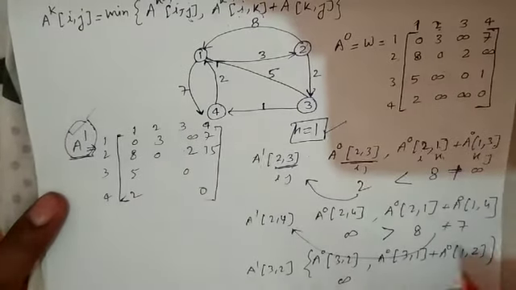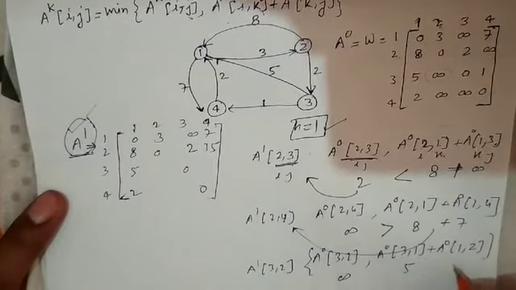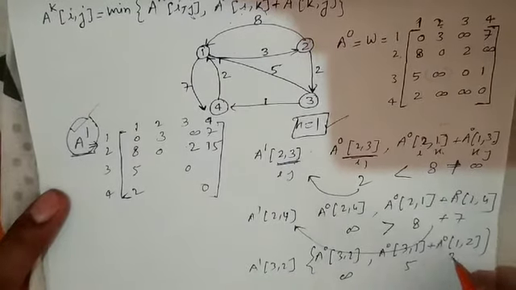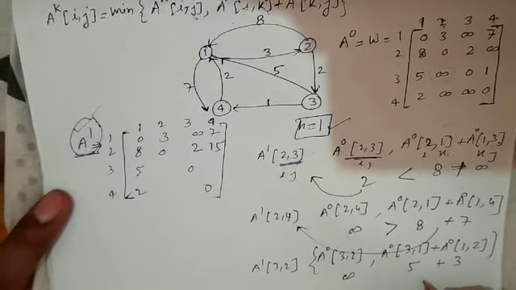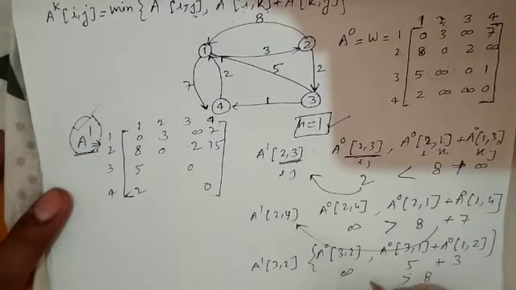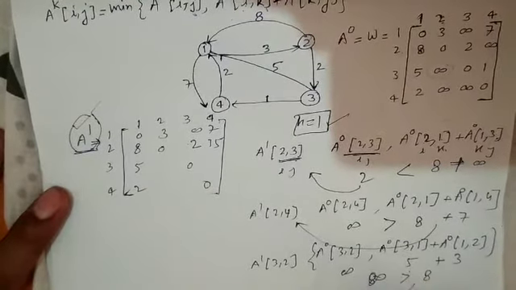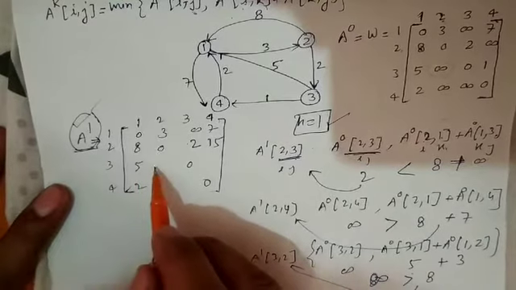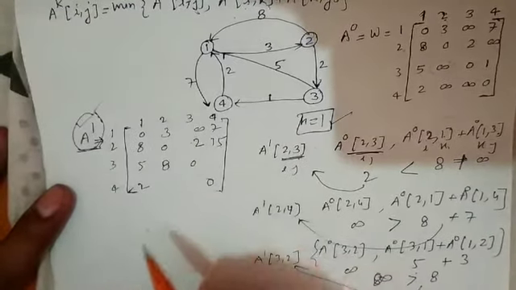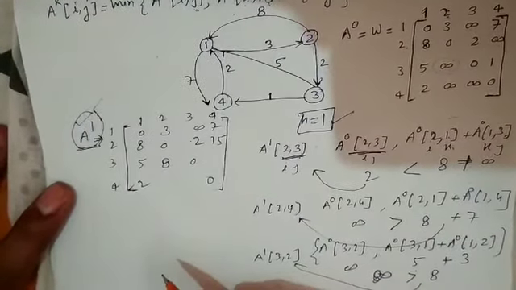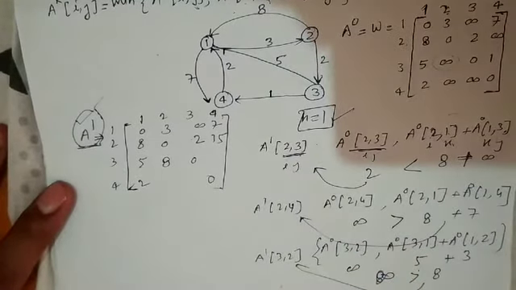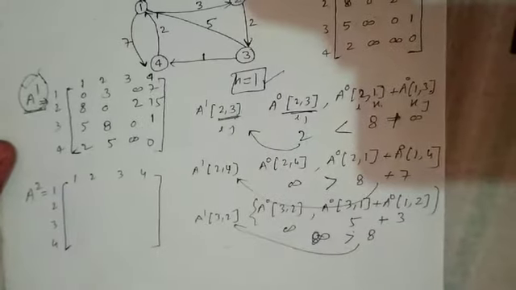The previous value of 3, 1 is 5. The previous value of 1, 2 is 3. So 5 plus 3 is 8. This 8 is less than infinite, so it will be copied here. So 3, 2 will have 8.